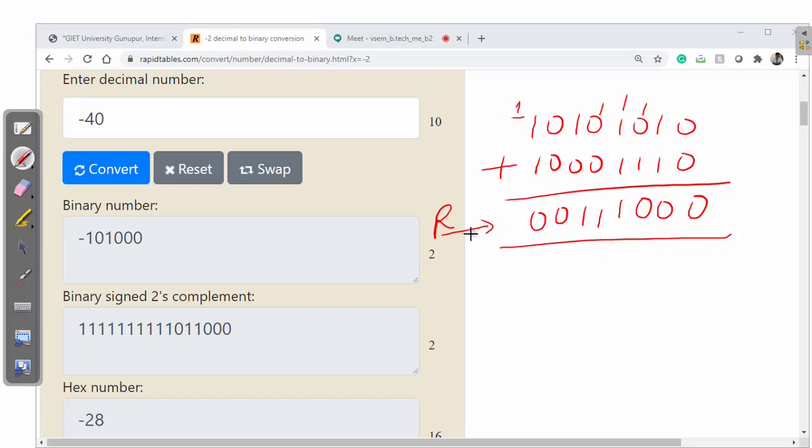It will try to find out how many ones are there. So how many ones are there? You tell me, guys. Quickly, how many ones? Three ones. Is this number odd or even? Correct, the number is odd.